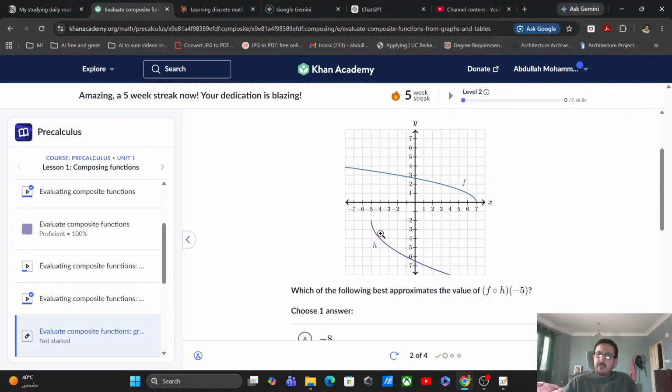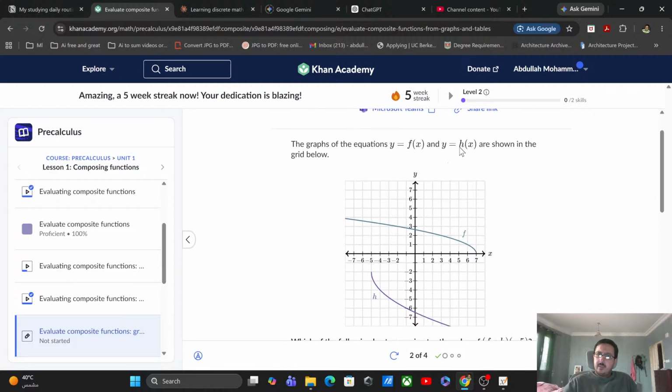So h of minus 5, where the x is minus 5, is minus 2. So if we plug in minus 2 here, the x is minus 2, we're coming here. Would you say 3? I'd say so, 3.